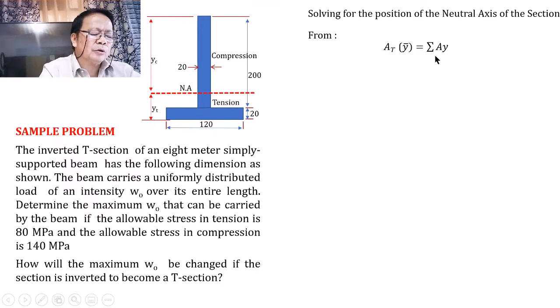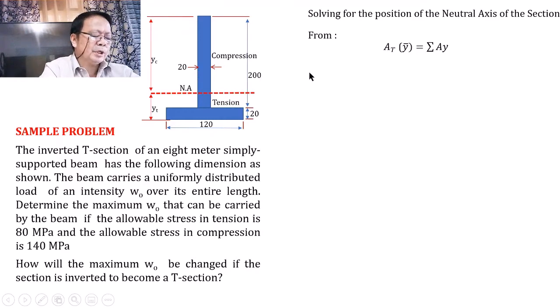And because we are talking of the individual areas here, it is good to consider that this area be subdivided into smaller areas so that the centroid of each area can be easily identified, and its distance from the selected reference axis can also be identified.